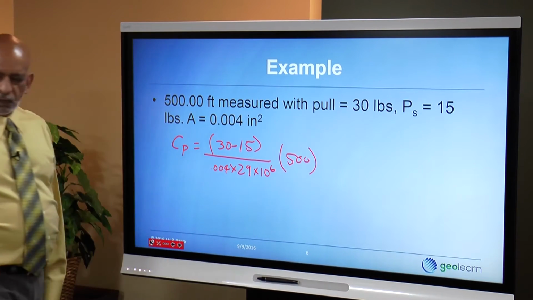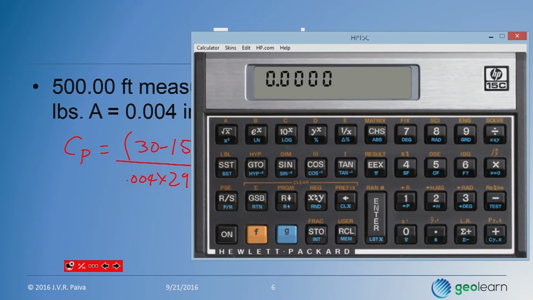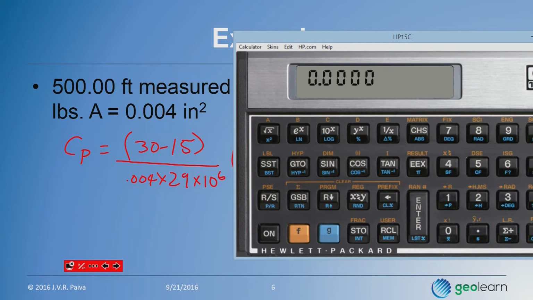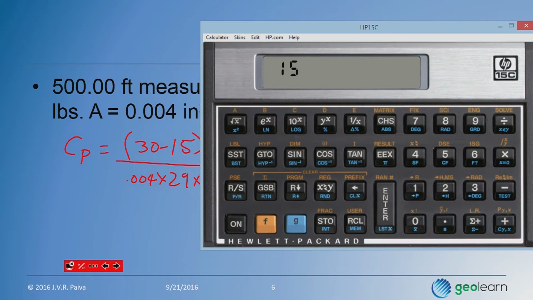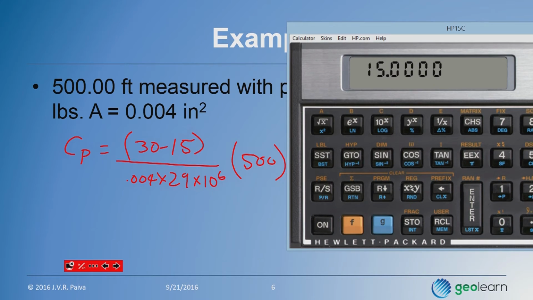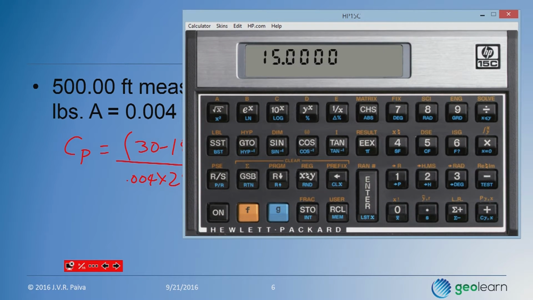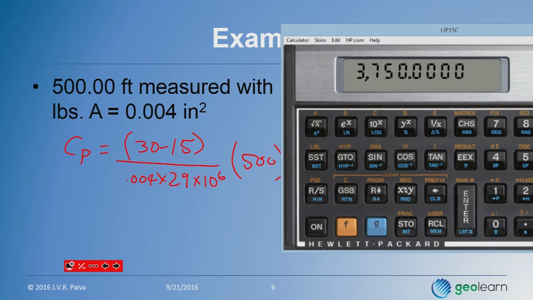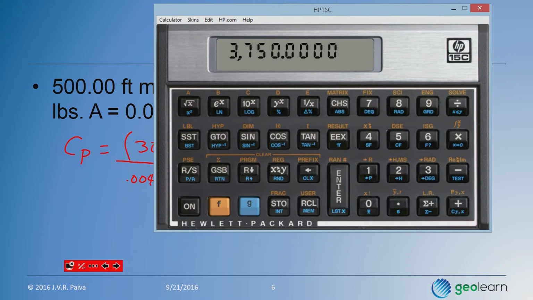So plugging it into the equation is fairly straightforward, and we do 30 minus 15, divided by 0.004. Divided also by 29 million.